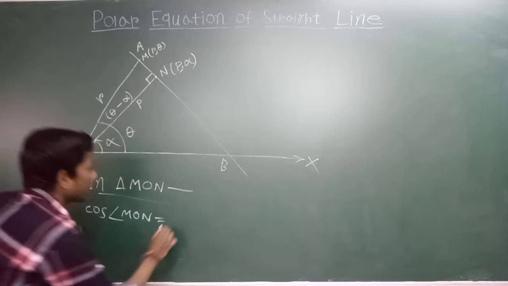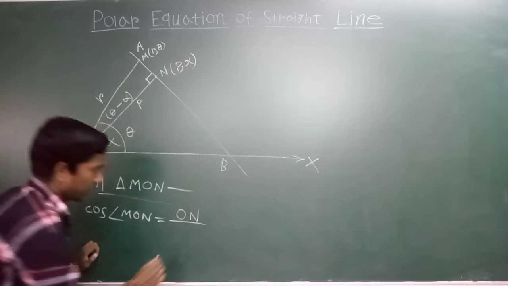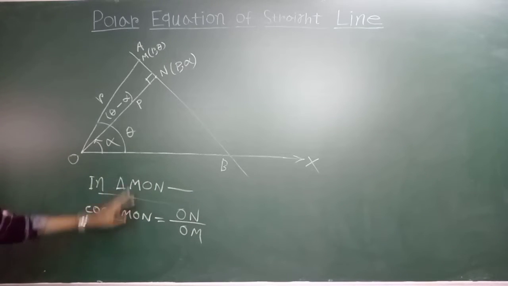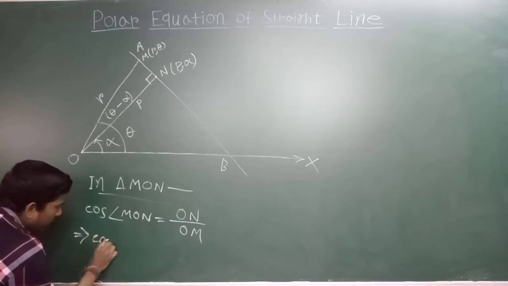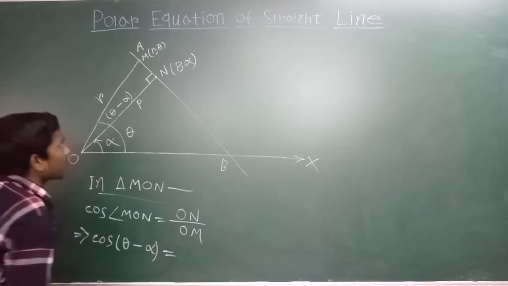So the base is ON divided by the hypotenuse, that is OM. So now angle MON is nothing but theta minus alpha. So we can write cos of theta minus alpha is equal to ON by OM.